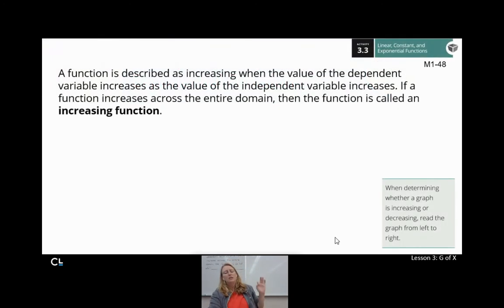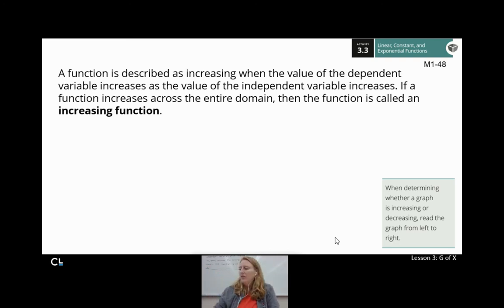And we're going to get into some key terms here. I feel like we've been key termless for a while. It's our time. A function is described as increasing when the value of the dependent variable increases as the value of the independent variable increases. If a function increases across the entire domain, it's always increasing, then the function is called an increasing function.